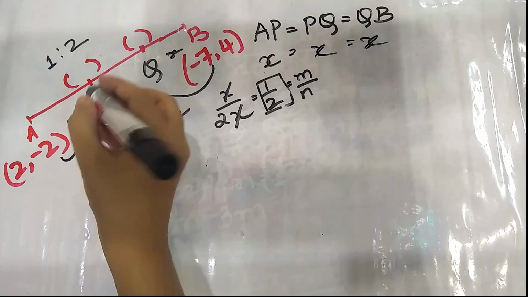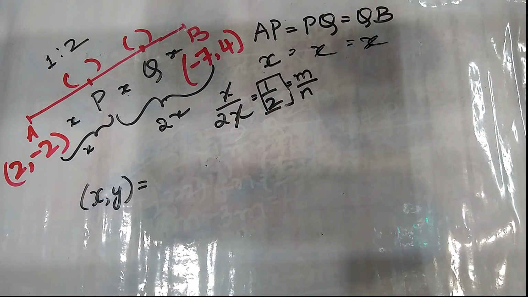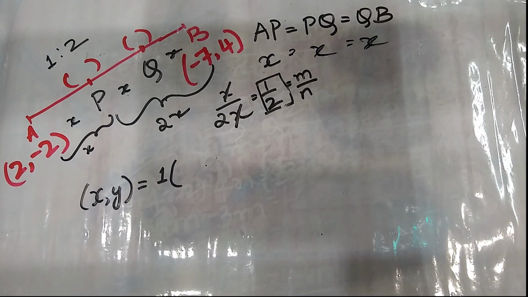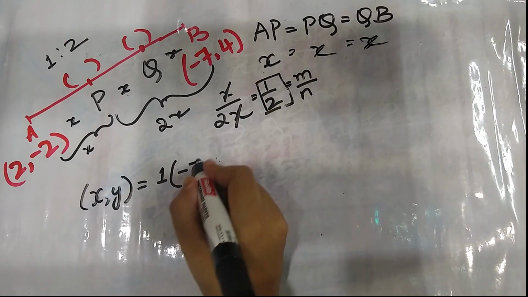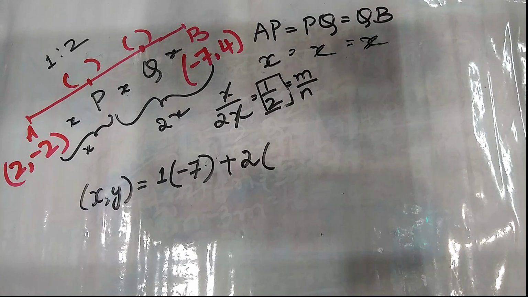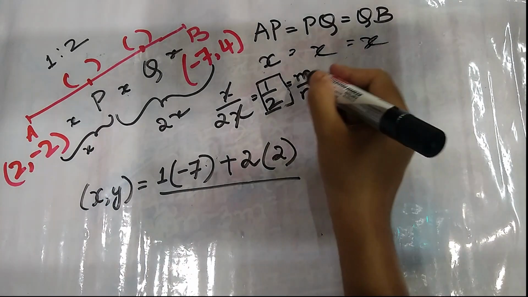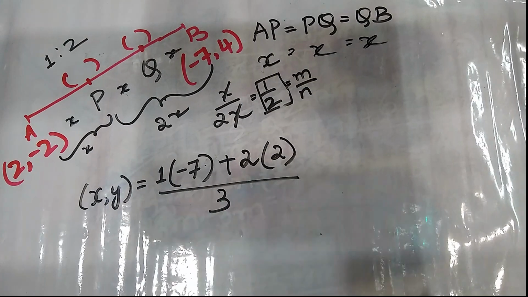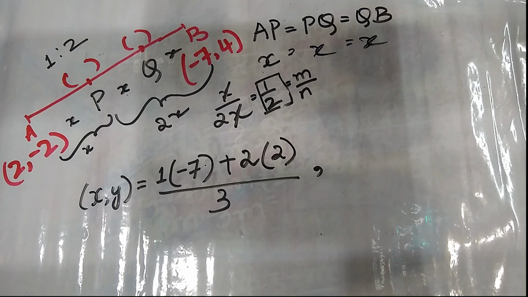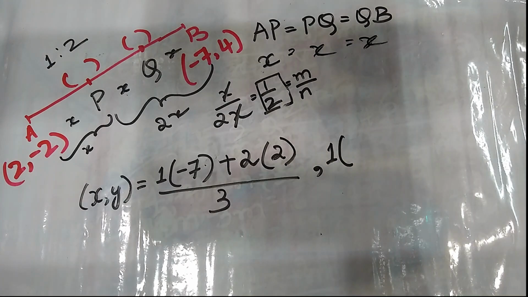So the coordinate for P, let us name that as x comma y here, is equal to m, which is 1, into x2, which is minus 7, plus n, which is 2, into x1, which is 2, divided by m plus n, which is 1 plus 2, which is equal to 3, comma, for the y coordinate, we'll take again m into, this time, y2.